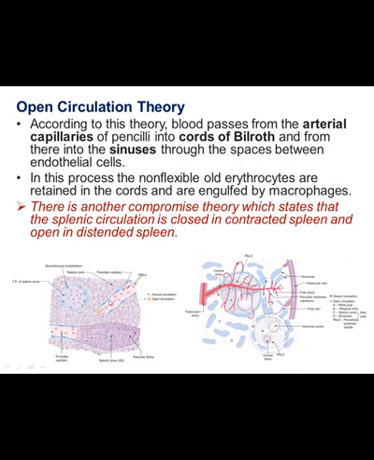Here, this is the penicillar capillaries. Blood from these capillaries first comes into the splenic cords, and from these splenic cords of Billroth, blood penetrates into this splenic sinus, which has discontinuous endothelium.